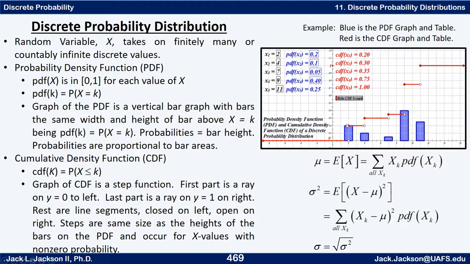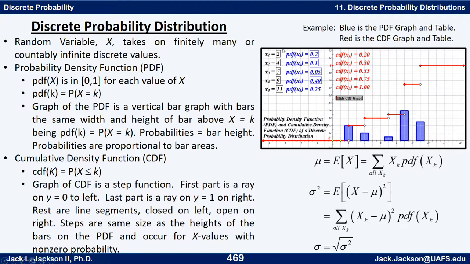And the steps occur every time you get to an x value that actually has a probability that's not 0, and the height of the bar is the height of the step, which is just the probability of that particular x, and then it jumps up. So the probability, for example, that x is less than or equal to 5 here is the same as the probability that x is less than or equal to 4, which is 0.3.